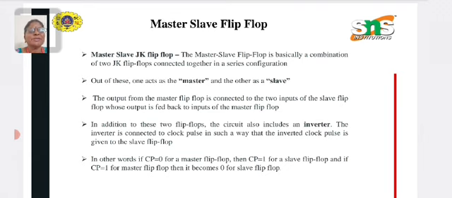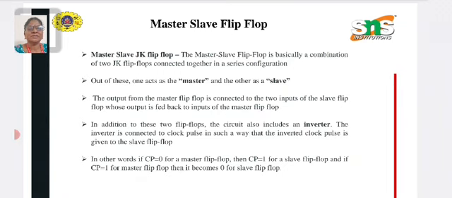The output from the master flip-flop is connected to the inputs of the slave flip-flop, whose output is fed back to the inputs of the master flip-flop. In addition to these two flip-flops, the circuit also includes an inverter. The inverter is connected to the clock pulse in such a way that the inverted clock pulse is given to the slave flip-flop.